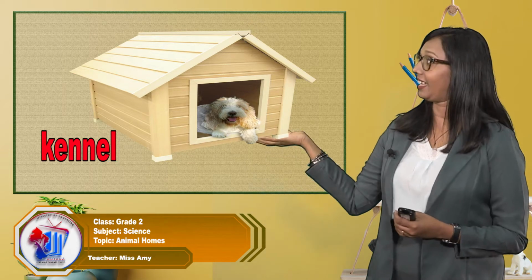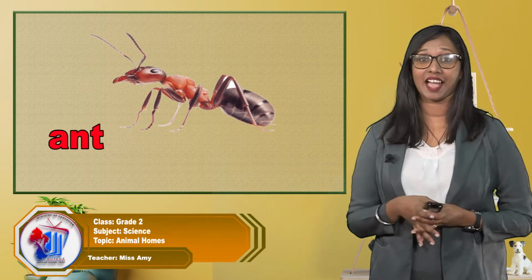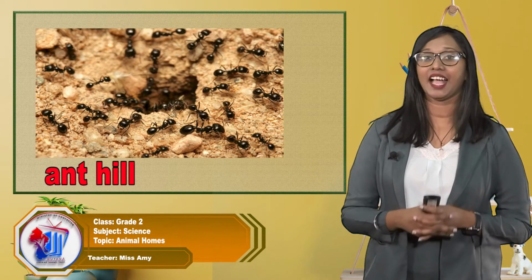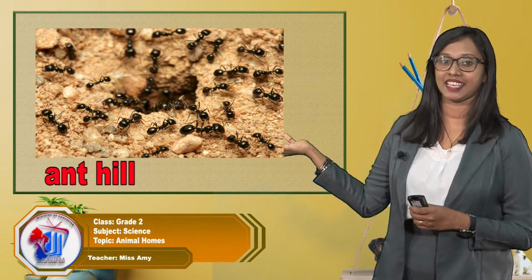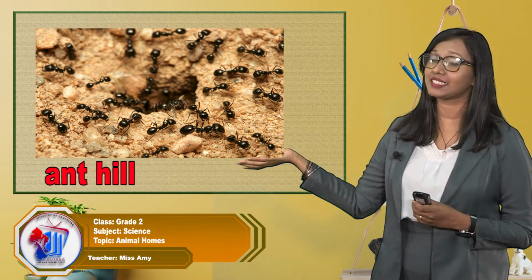K-E-N-N-E-L. Kennel has double N's. Okay? Now we have an ant. An ant. And where does an ant live? An ant lives in an ant hill. We call their home an ant hill.